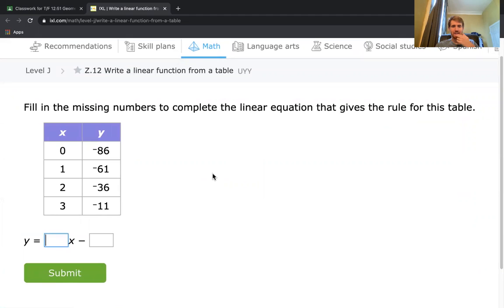So you have to think, what is the rule? What needs to go with the x? What needs to go with the y? There's a couple ways you could do this. One is to graph it, as I was talking about before.